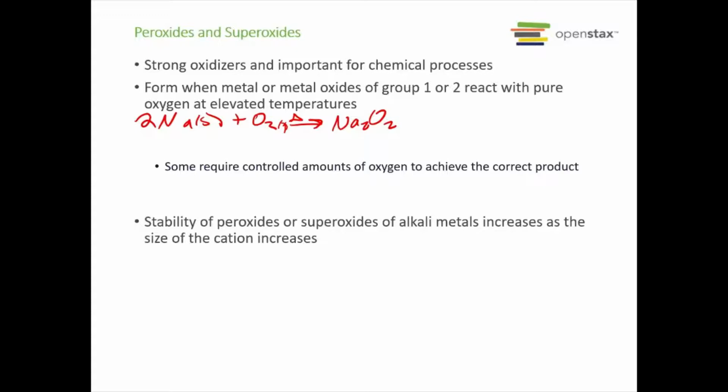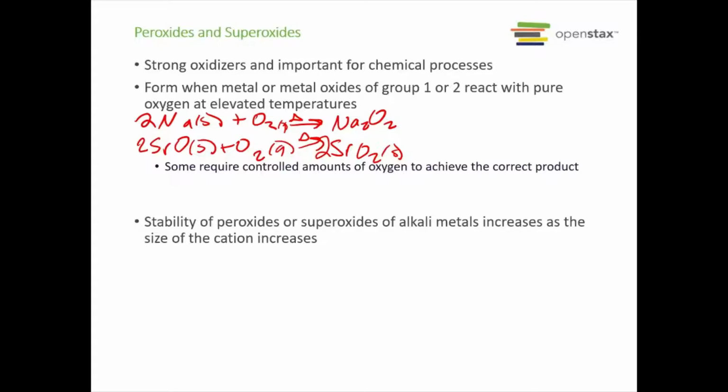Then another example, we'll look at strontium oxide, and now we get SrO2. One example of controlling stoichiometry, or using controlled amounts, is for rubidium and cesium peroxides.